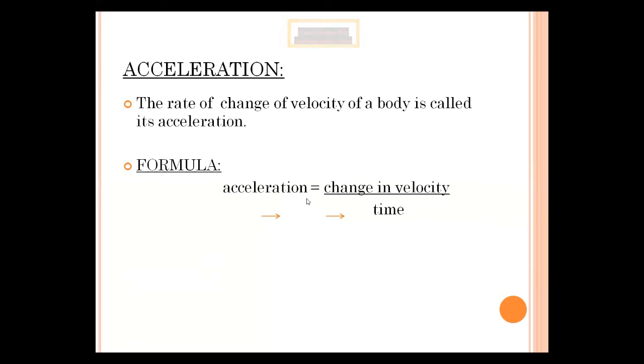According to the symbols, acceleration is represented by a, change in velocity is represented by delta v, and the total time is represented by delta t. Again, the formula for acceleration is change in velocity divided by time: a is equal to delta v upon time.